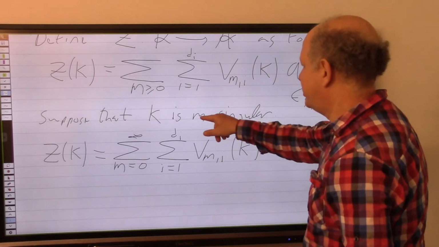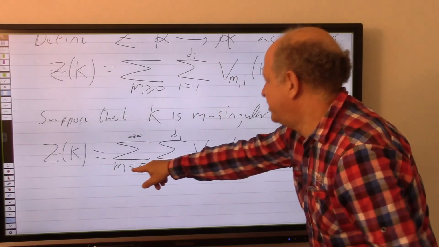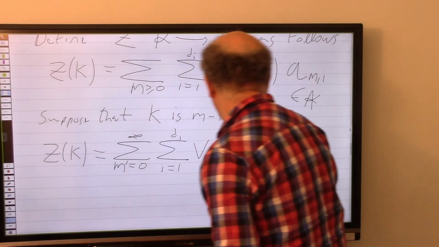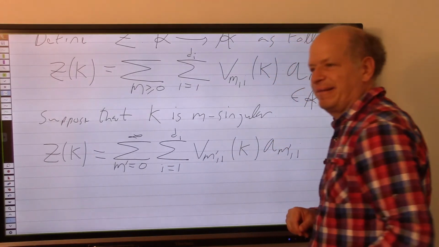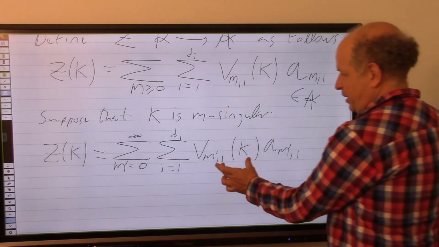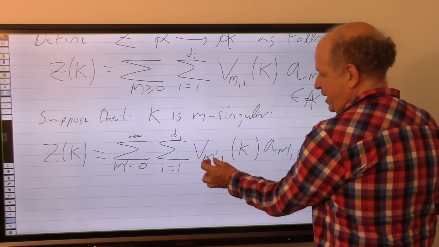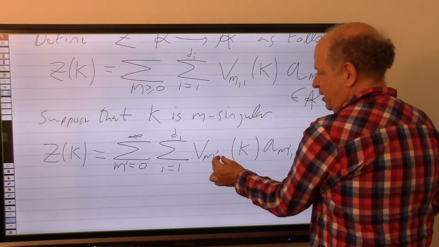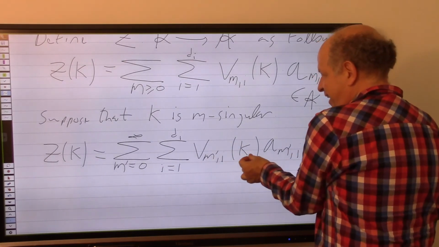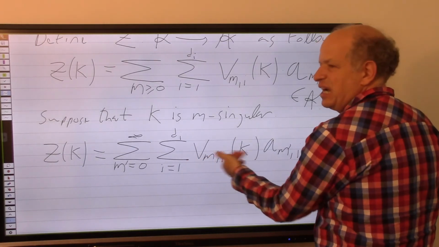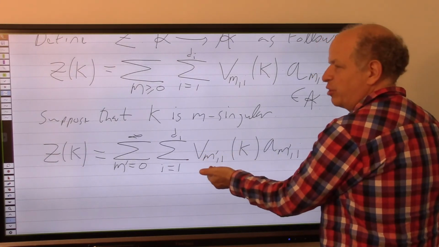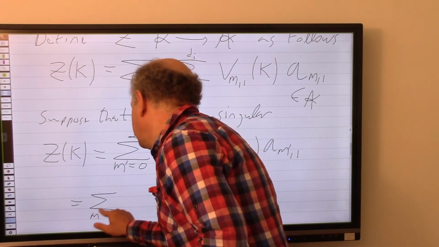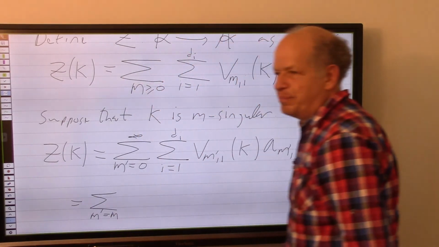Oh no, this is not the same m as that. Sorry, this m is a summation variable and this m is m singular. So let me call the summation variable m prime. But anyway, if m prime is less than m, since K is m singular and I'm evaluating a type m prime invariant on it, I get 0. So really, you can restrict your attention to summation starting from m.